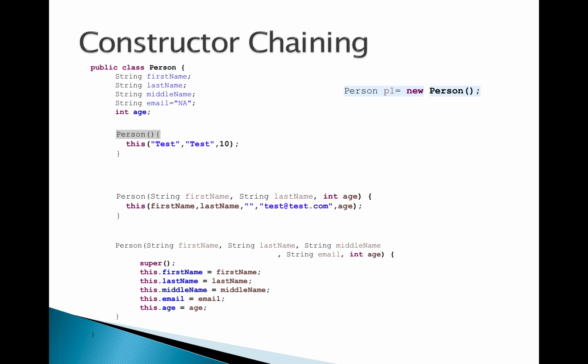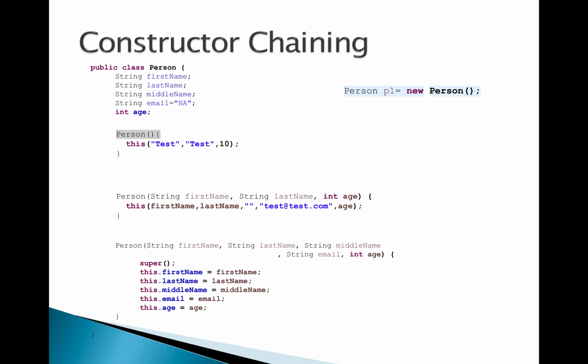Now I can replace this and call the 5 argument constructor from the 3 argument constructor. So when you call the 3 argument constructor, it is delegating to the 5 argument constructor.